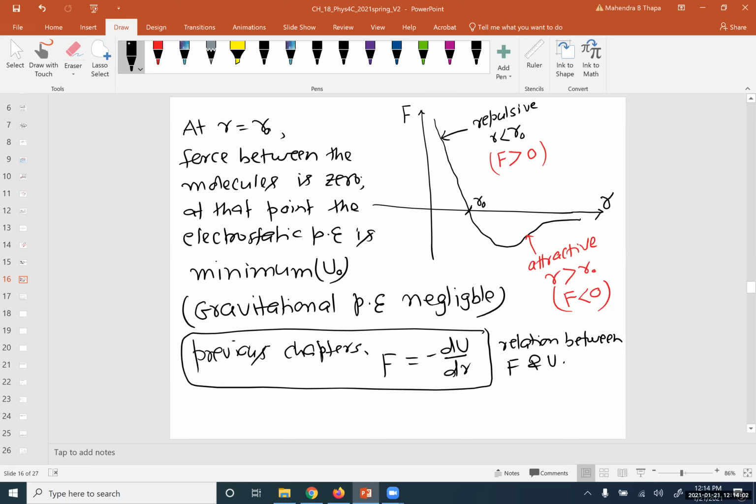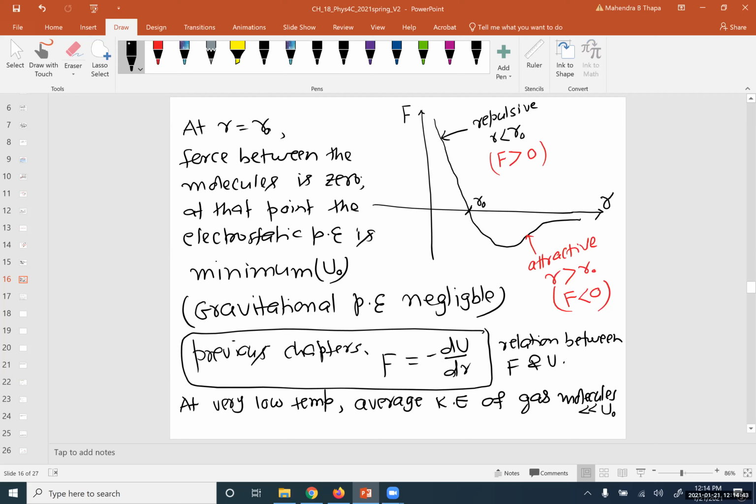By looking at those two graphs, we can say that at very low temperature, the average kinetic energy of gas molecules is very much less than the lowest possible value of the electrostatic potential energy, U naught.